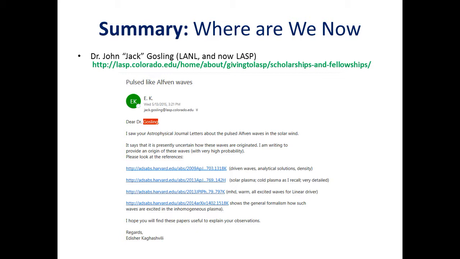Jack Gosling, retired from Los Alamos, now at LASP, Colorado. Big institutions. Both institutions get a lot of money. Los Alamos actually gets, I forgot what the budget is, maybe 4 billion or something. I can be wrong, but it's billions.